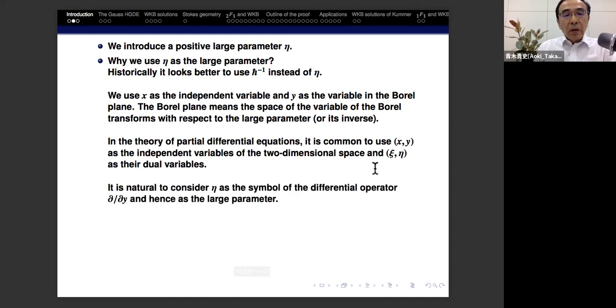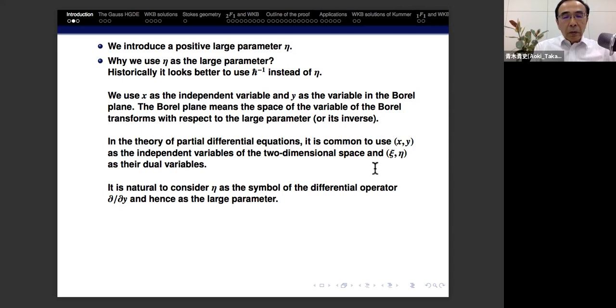So it is natural to consider eta as the symbol of the differential operator d/dy, and hence as the large parameter. So this is why we use eta as a large parameter.